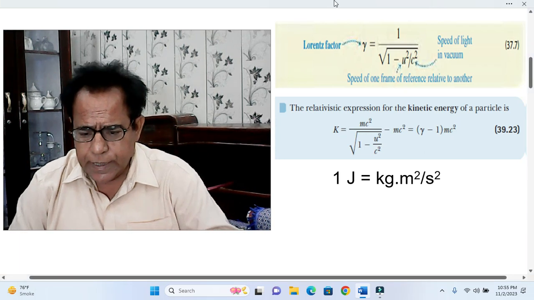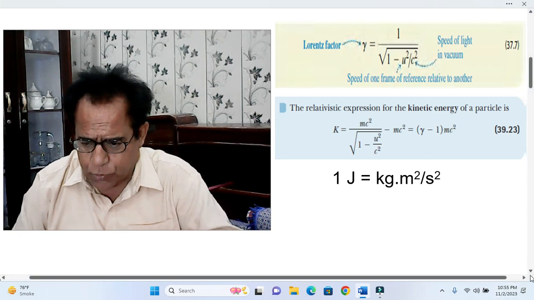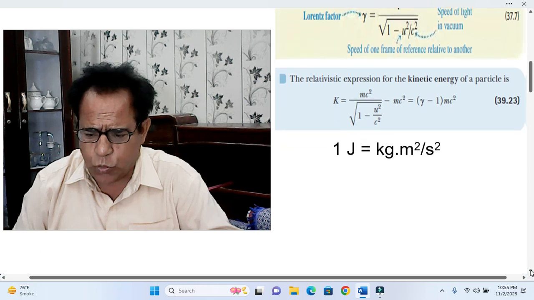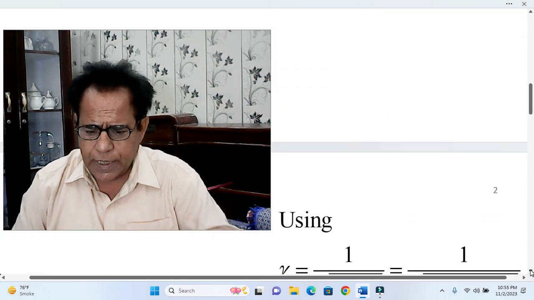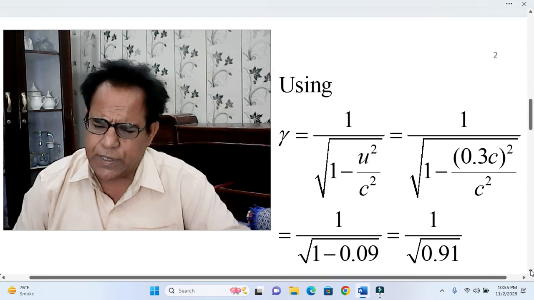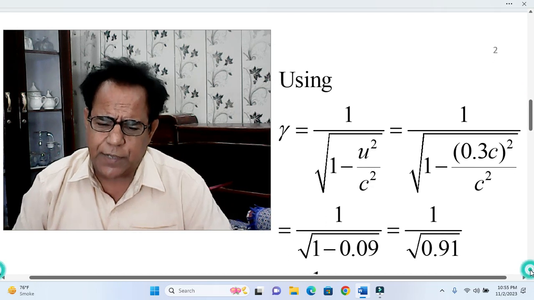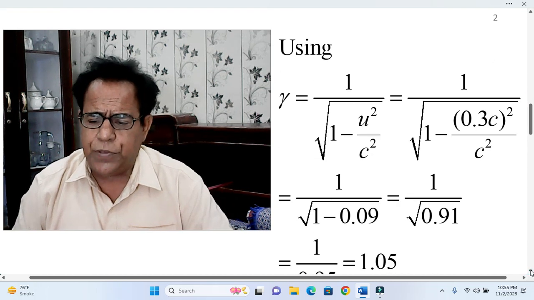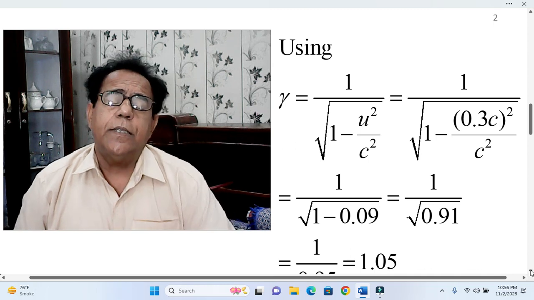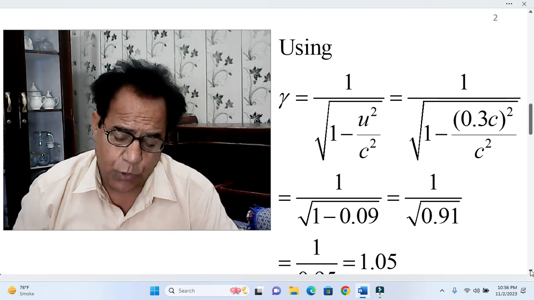This conversion factor will also be used in our solution. Now only these two snapshots and one conversion factor. Now we are going to solve our problem in a formal manner.